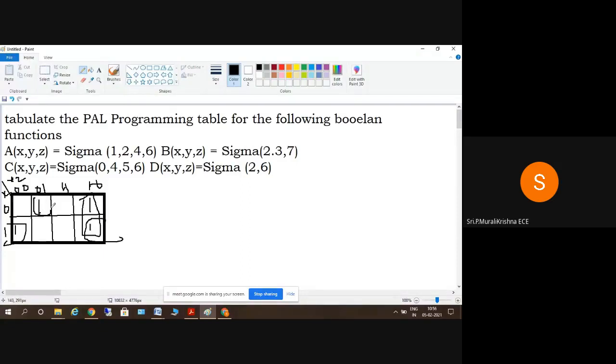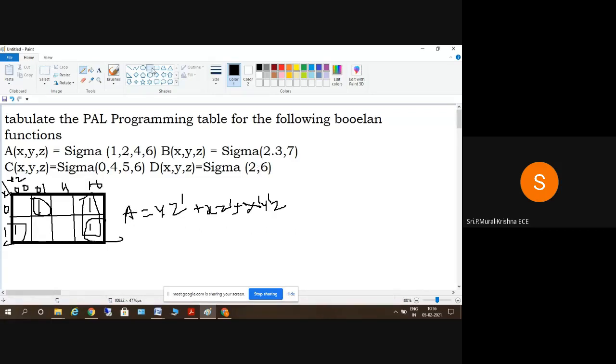This is the individual term. The value of A is YZ bar plus XZ bar plus X bar Y bar Z. So this is A here.